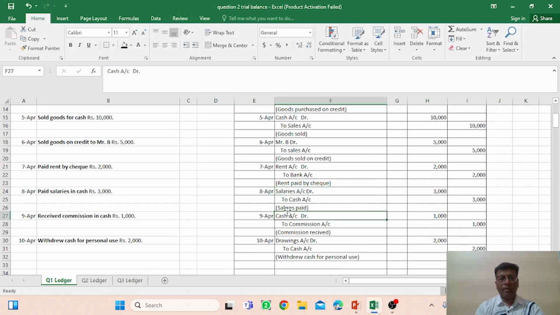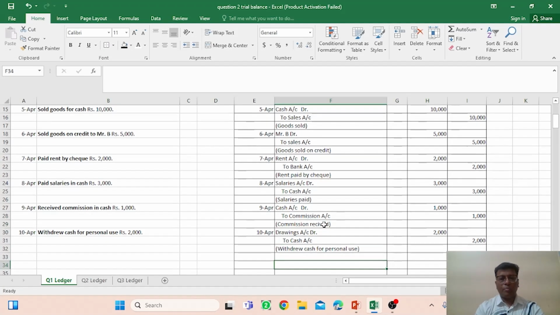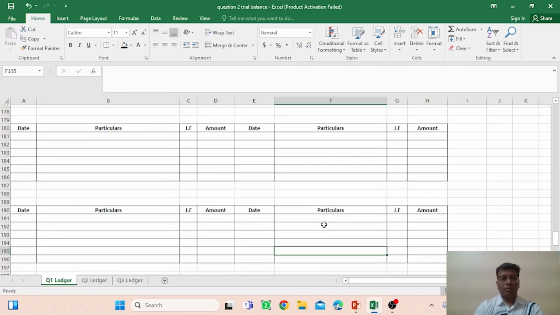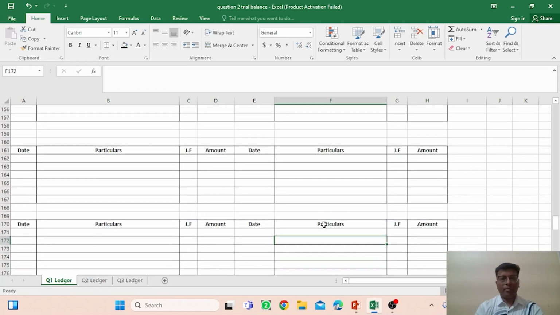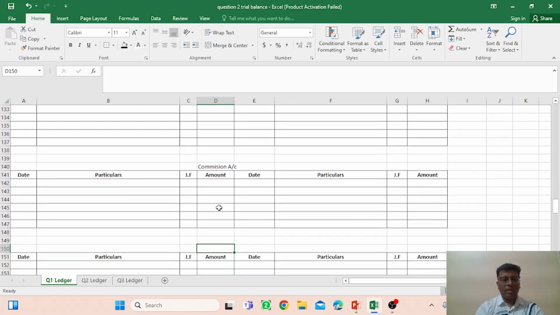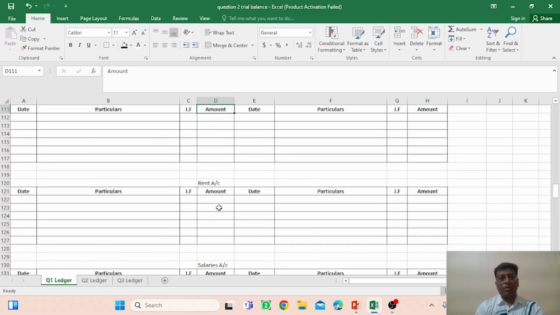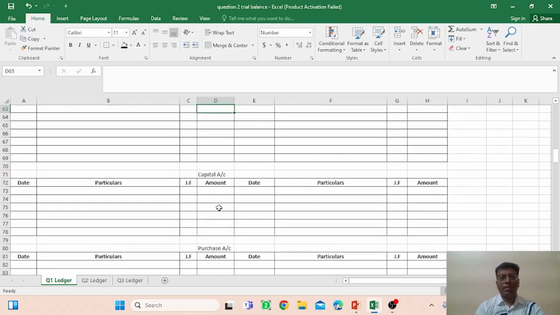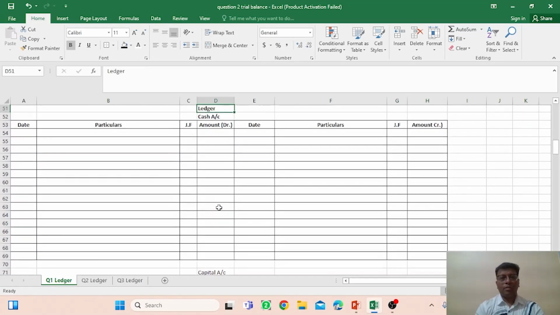Okay, and right, and commission and drawing account you have to open. So commission account and drawing account, right? Commission account and drawings account. Okay, so all the accounts as per the requirements you have to maintain in the ledger, right?